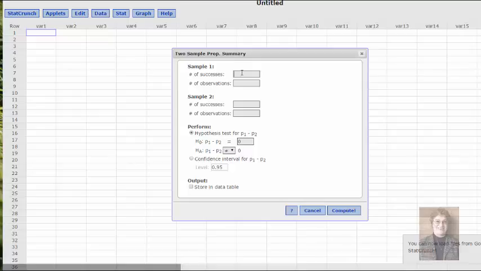And so in sample 1 we had 12 out of 46. And remember that was the dollar group. And sample 2 was that 27 out of 43 spent their money. And we want to look for our hypothesis, and okay, here is what it says: P1 minus P2 equals 0.